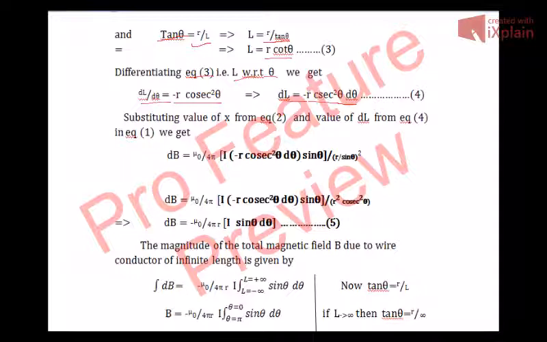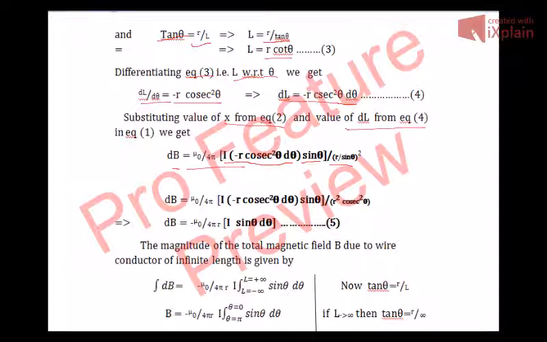Now when we substitute the value of x from equation 2 and the value of dl from equation 4 into equation 1, we get dB is equal to mu naught upon 4 pi I minus r cosec square theta d theta sin theta, divided by r by sin theta the whole square.